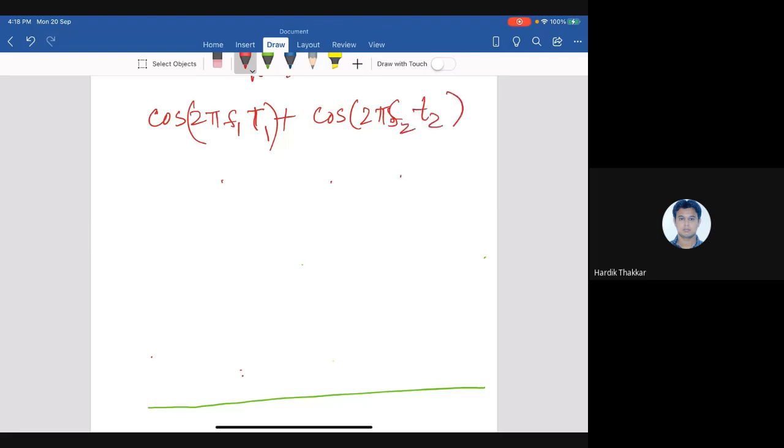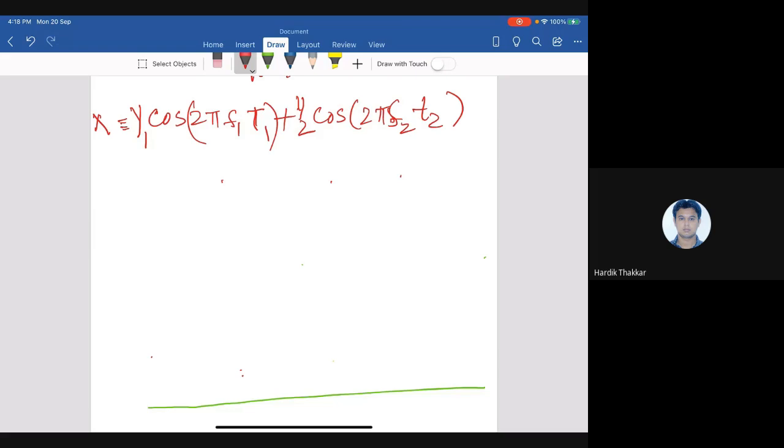Let's say I'm taking two waves, and this is another wave called x. Here I can also introduce one more term called amplitude. Let's say this is y1 and this is y2.